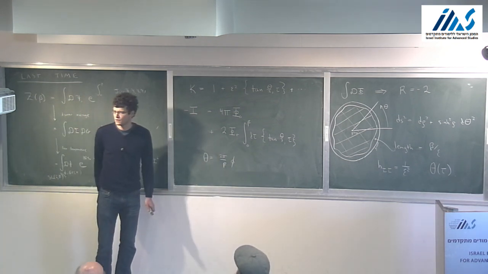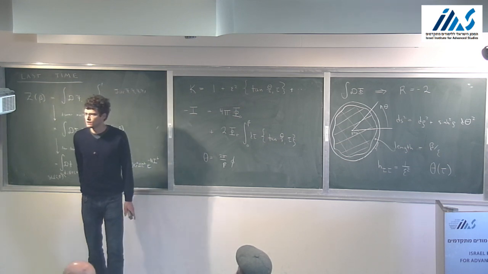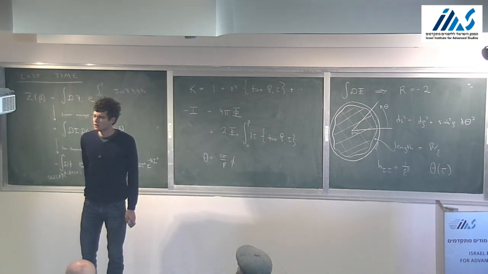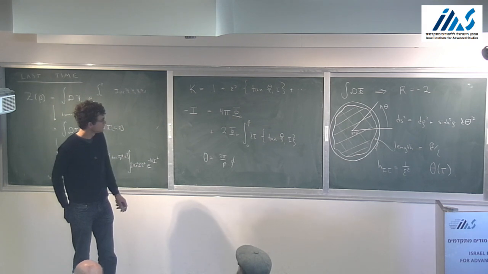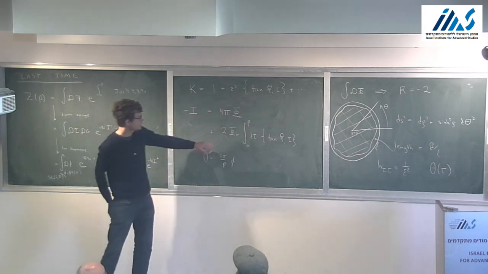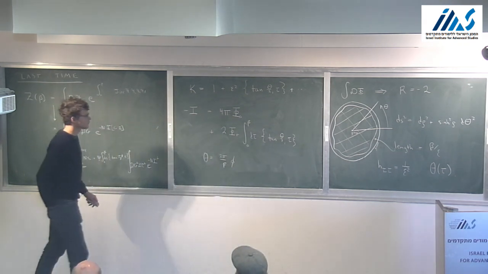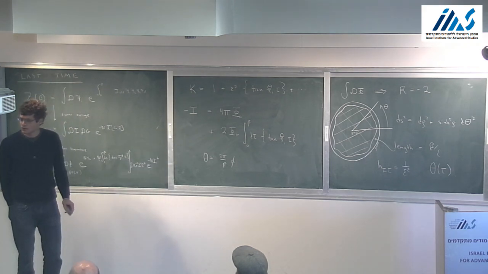So the bulk equations of motion will relate phi r and theta, and phi r will be identified with 1 upon g. The bulk equation of motion from JT gravity would determine theta completely in terms of phi r.